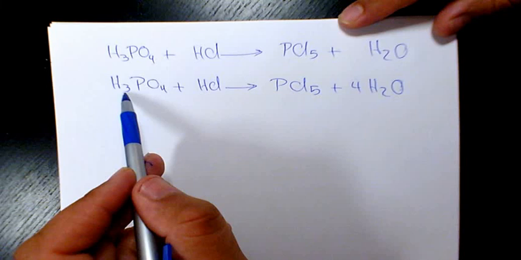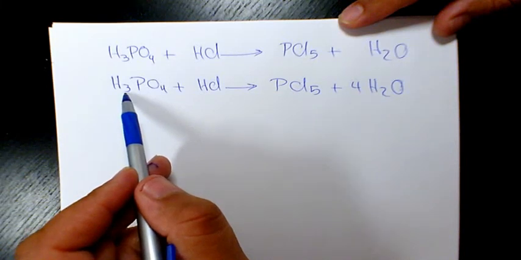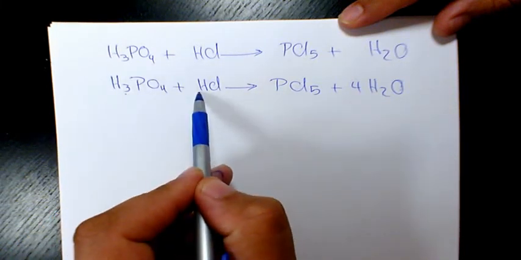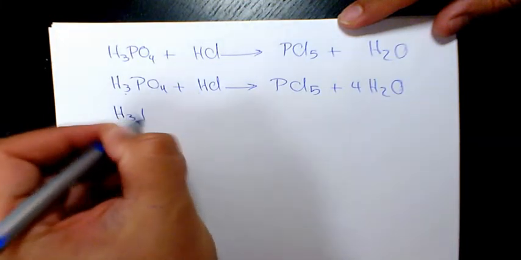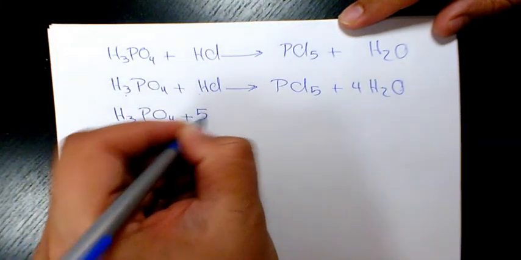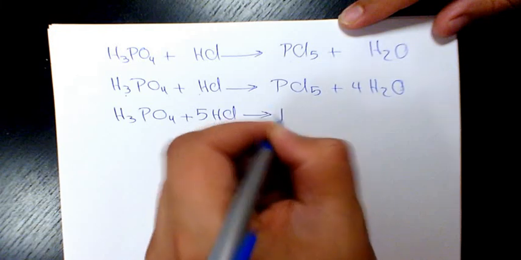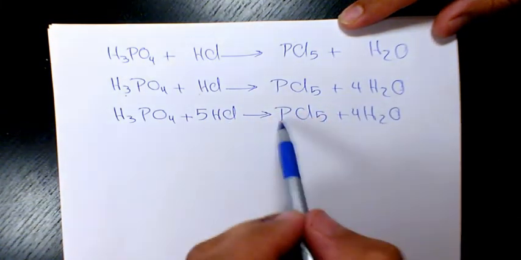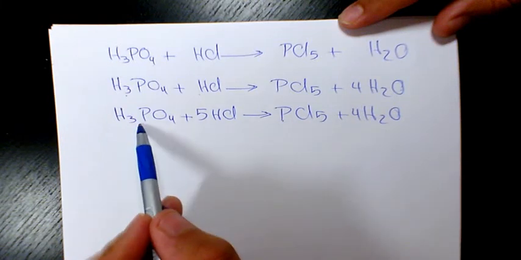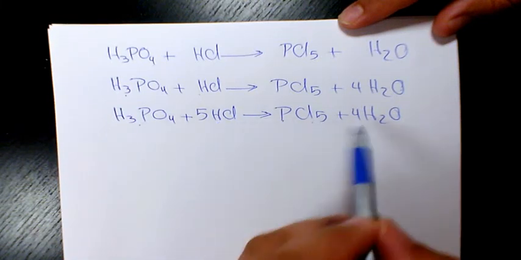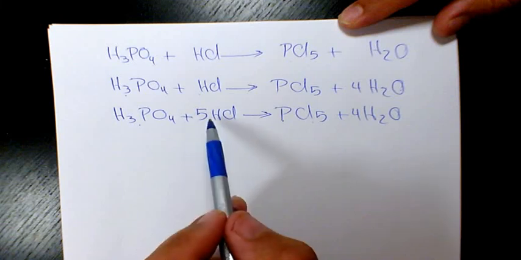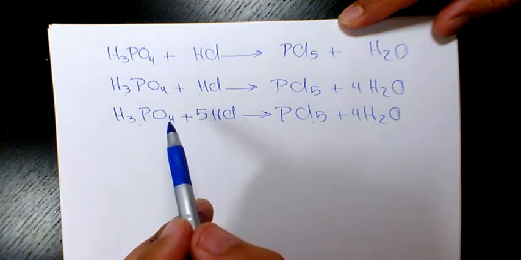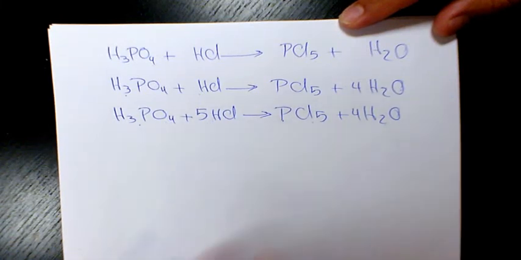We have 1 and 3. So I'm gonna make this one 5. That makes the chlorine also balanced. I think that's it. Let me check. Phosphorus 1 and 1. Chlorine 5 and 5. Hydrogen 8 and 5 plus 3 is 8. Oxygen 4 and 4. That's balanced.